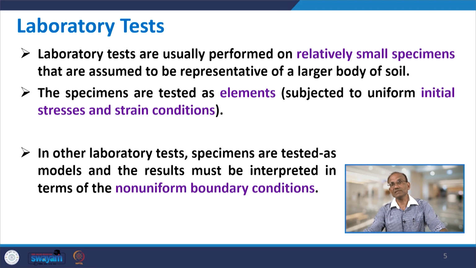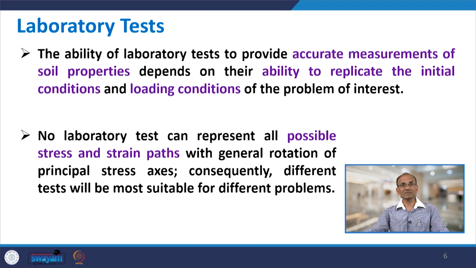Now, the most important point is that sampling is also important. The sample or specimen which is tested inside the laboratory should be representative of what you have in the larger body of soil. Sometimes it is, but sometimes not, and as we discussed, you may have undisturbed and disturbed samples. If you have undisturbed samples, then the laboratory tests are okay.